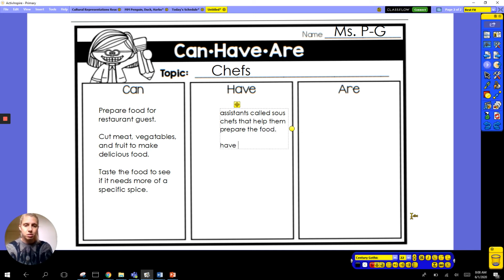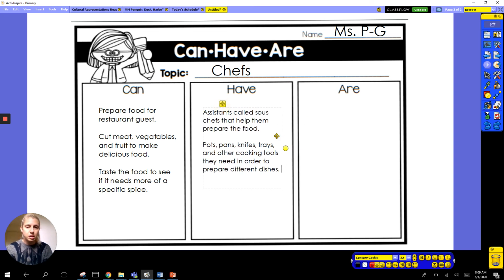Chefs have pots, pans, knives, trays, and other cooking tools they need in order to prepare food, different dishes.